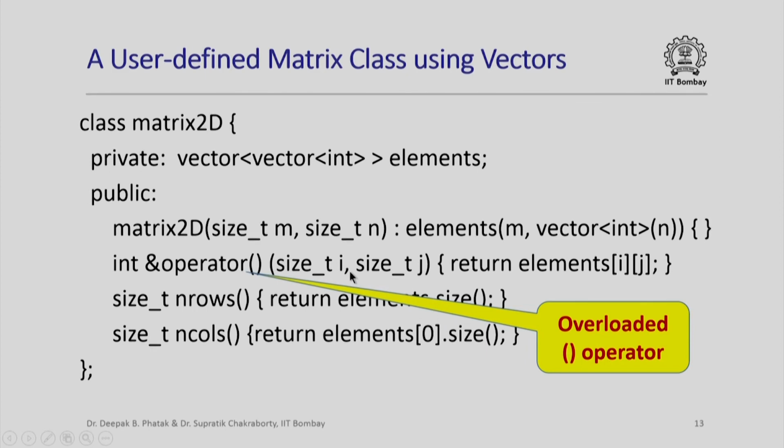And what does it take as parameters? It takes i and j, both of type size_t, and what does it return? It returns the element in the ith row and jth column of our two-dimensional matrix. So basically it accesses element i, j and returns it.